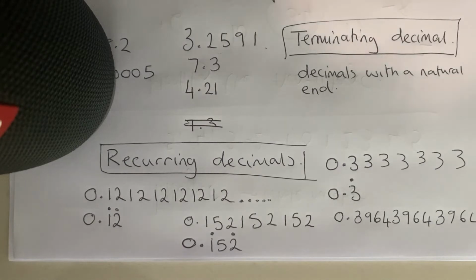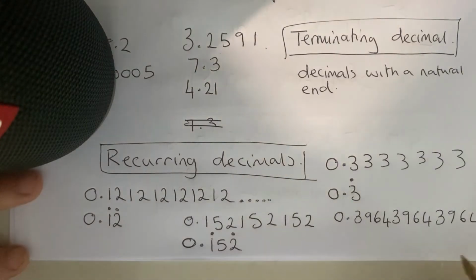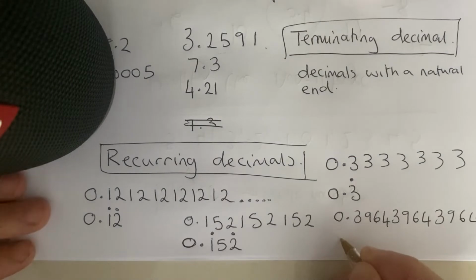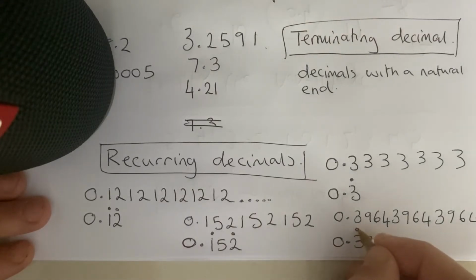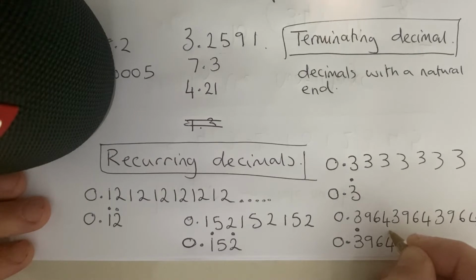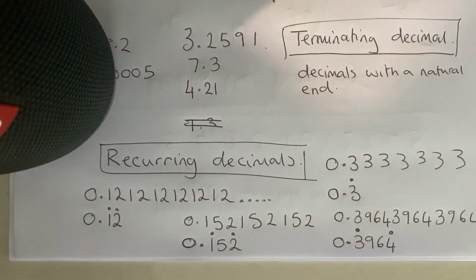I'll give you some time. Okay, so the way that we'd write this down is 0.3964, and we'd put the dot over the 3 and the dot over the 4.